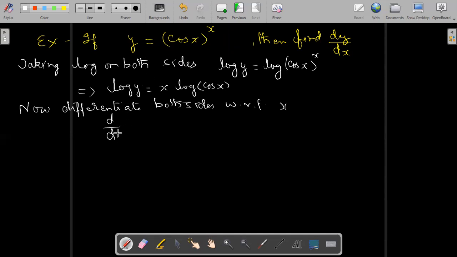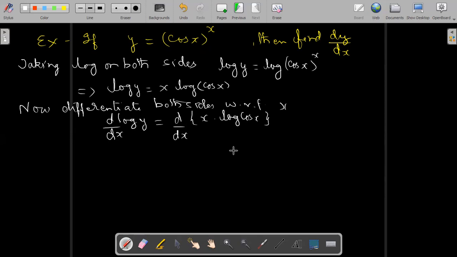So now d by dx of log y on the left side, and on the right side d by dx of x into log of cos x. Now how will you differentiate x into log of cos x?